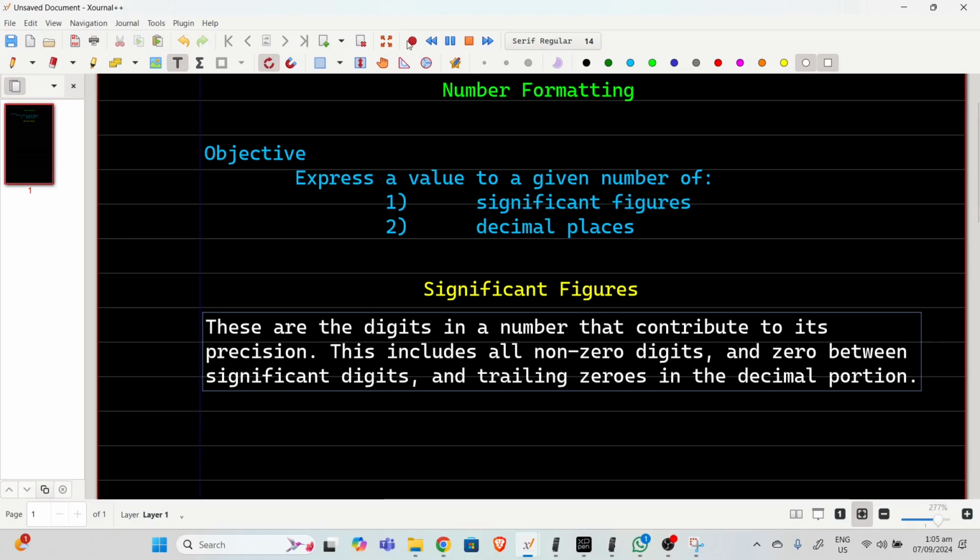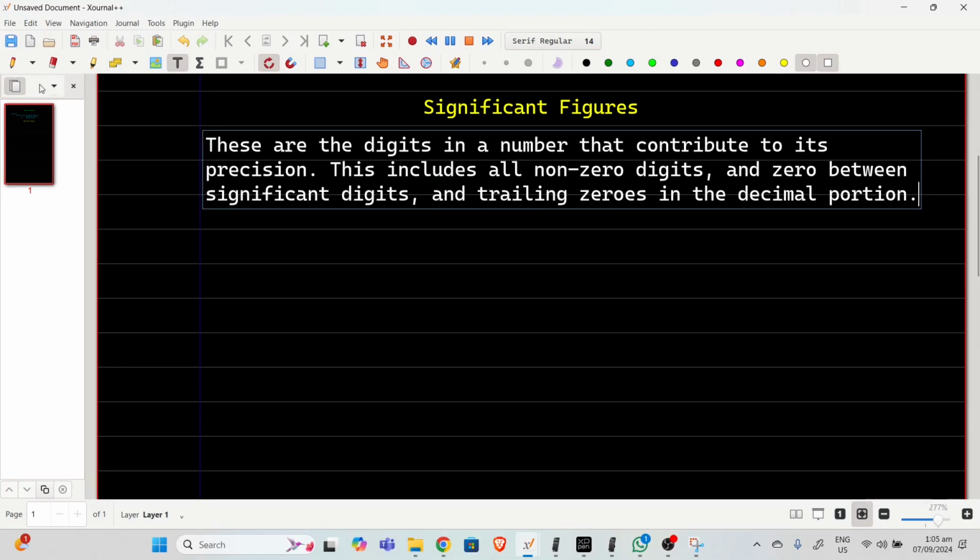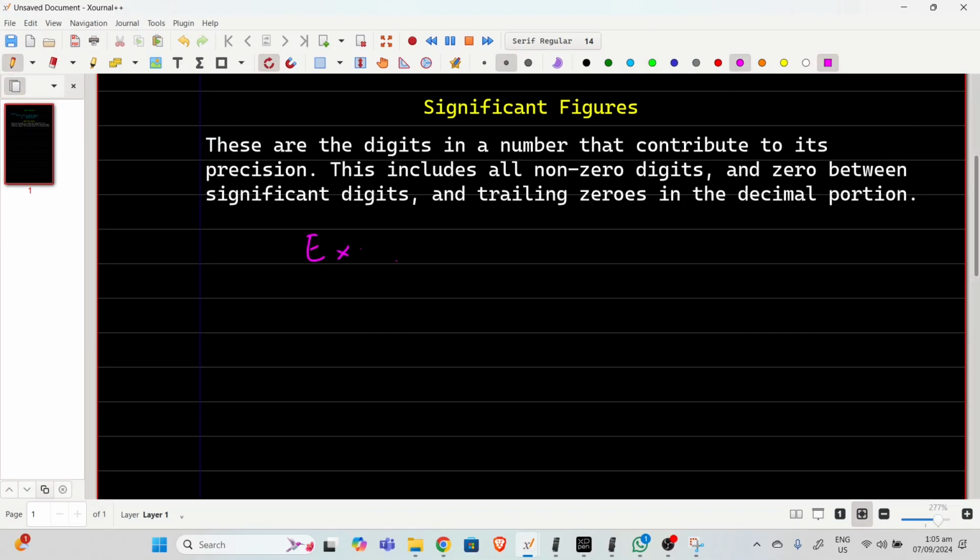Quick and easy example of that. Let's say you are required to express 123.456 to two significant figures.